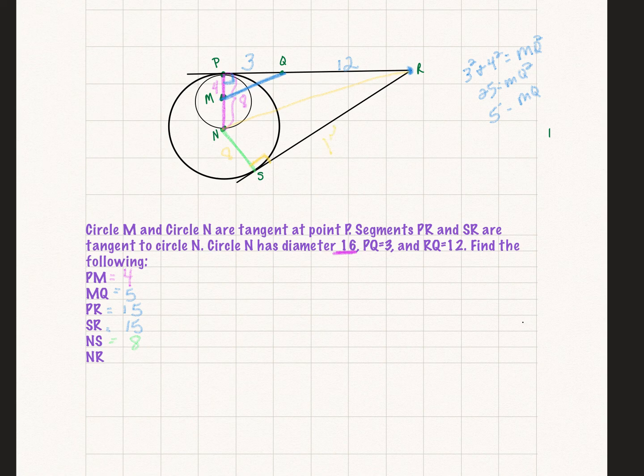I know that RS is 15. So I can use my Pythagorean relations again, where I get 15 squared plus 8 squared equals NR squared. So 225 plus 64 is 289, which is 17. So that gives me a 17 for NR.